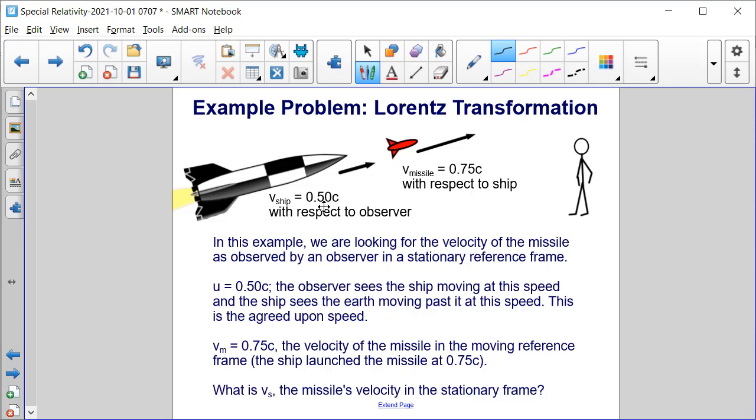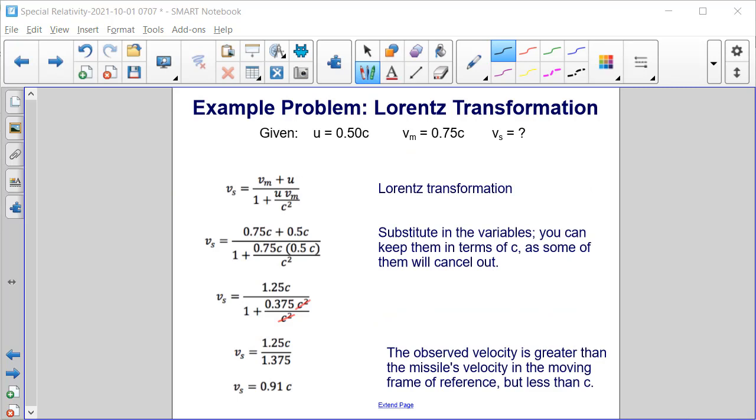So now that we've unpacked what we know about the situation, let's use our equation for the Lorentz transformation to find the velocity of the missile relative to the stationary observer. All right, so here's our Lorentz transformation equation. It's already solved for what we're looking for, so we just have to substitute our variables. And we can keep them in terms of c. Some will cancel, they won't all.